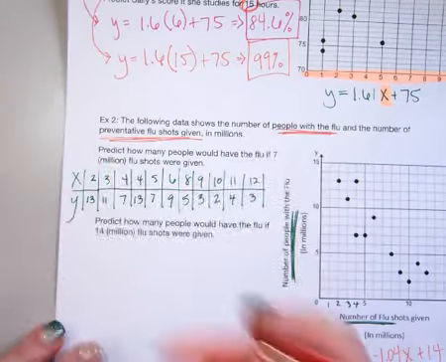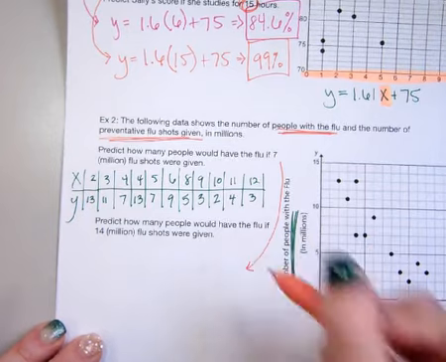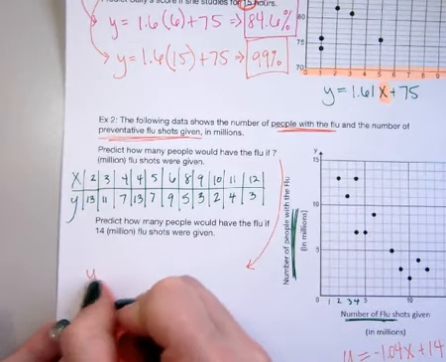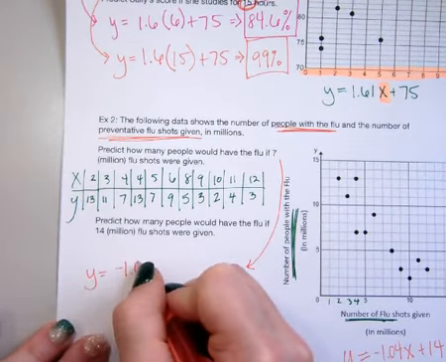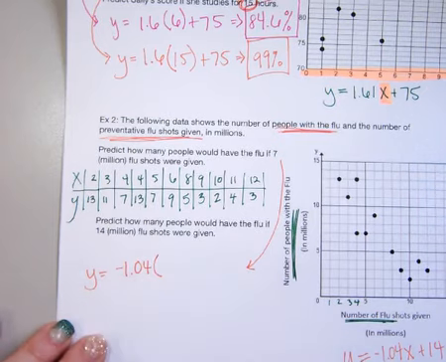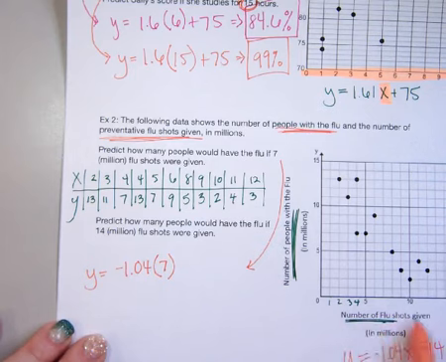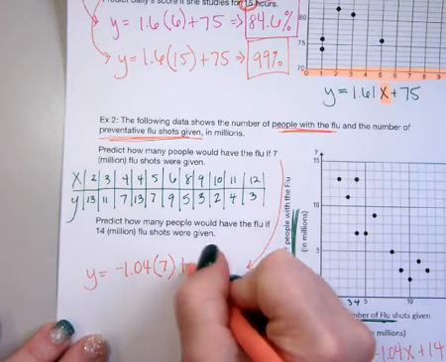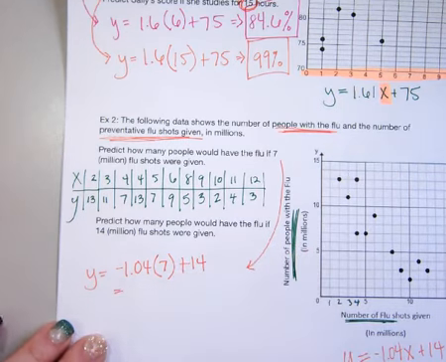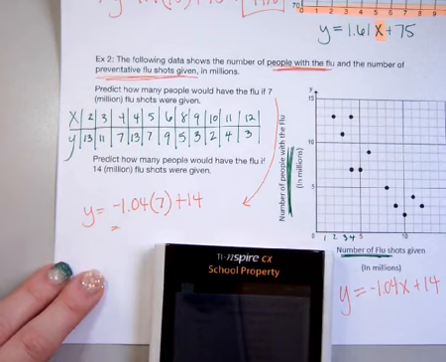All right, so let's check for 7. So y equals negative 1.04. Now we're going to put a 7 in the x position, right? Because that's the number of flu shots given, 7 million, and we're trying to figure out how many people. All right, let's type it in, see what we get.